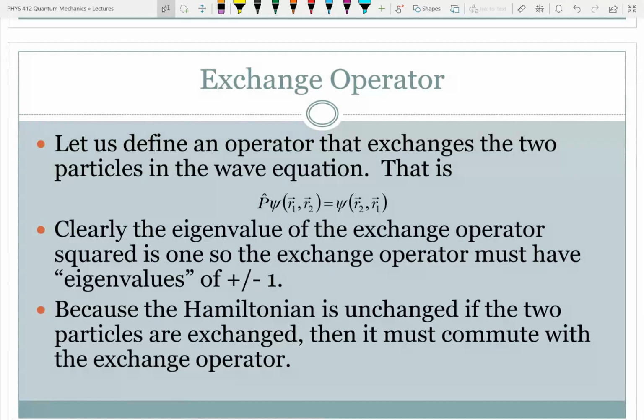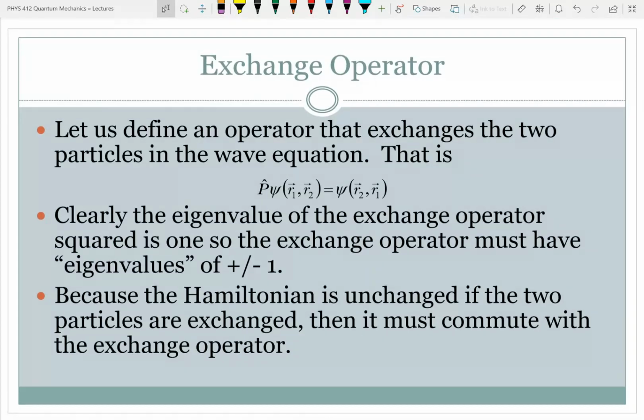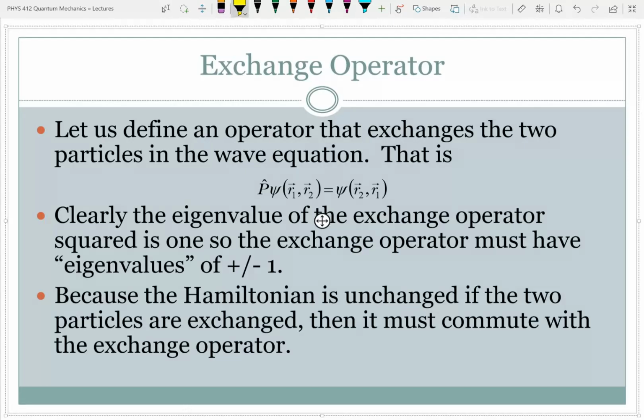Now we get to something new, right? So 2 minutes of quick review from last class period. Now something new: the exchange operator. The exchange operator is an operator we introduce for the case of two particles, and we say, what difference does it make if we switch the particles? So if I switch particle 1 with particle 2. And so the exchange operator, notice there's something unique about this.